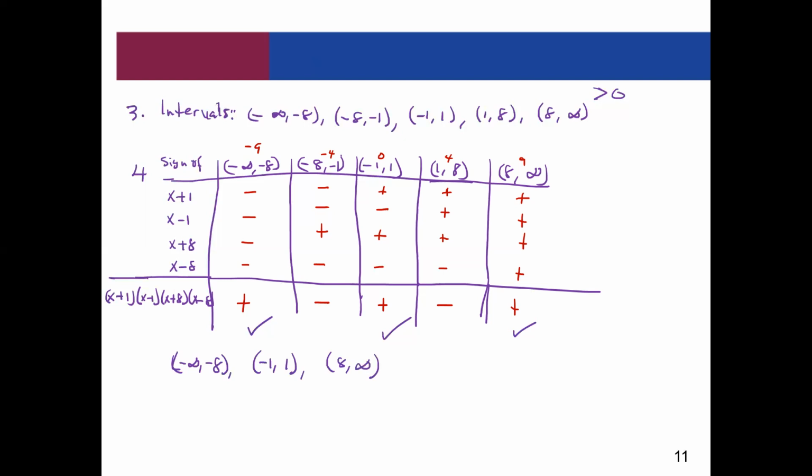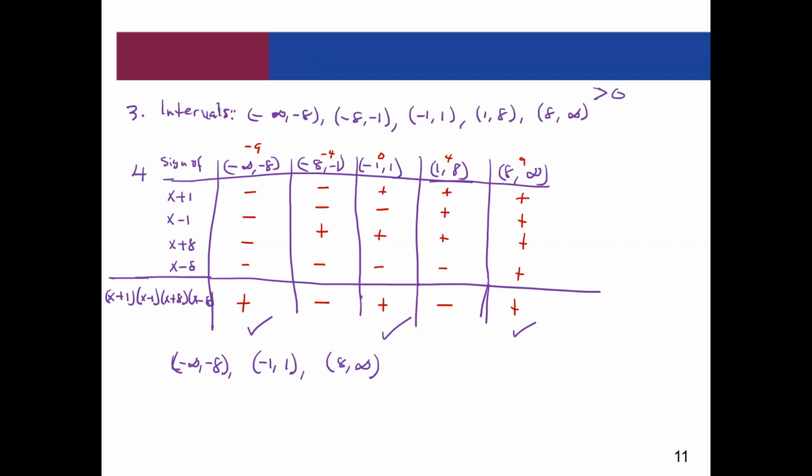So now notice, let's go back. It must be strictly greater than 0. These zeros, can we include any of them?